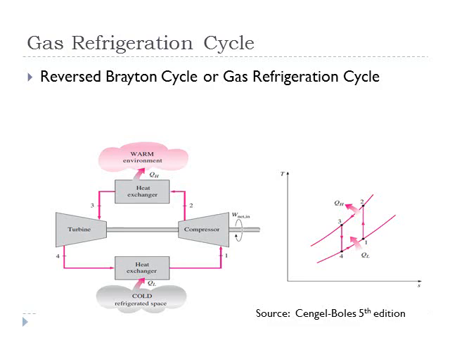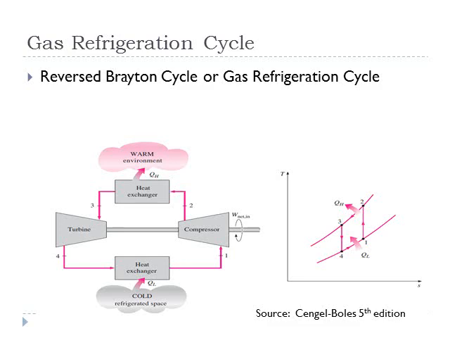So basically this is a reversed Brayton cycle which includes 4 processes. 2 are isentropic processes and remaining 2 processes are constant pressure processes. 1 to 2 and 3 to 4 processes are isentropic processes, and 2 to 3 and 4 to 1 processes are constant pressure processes.